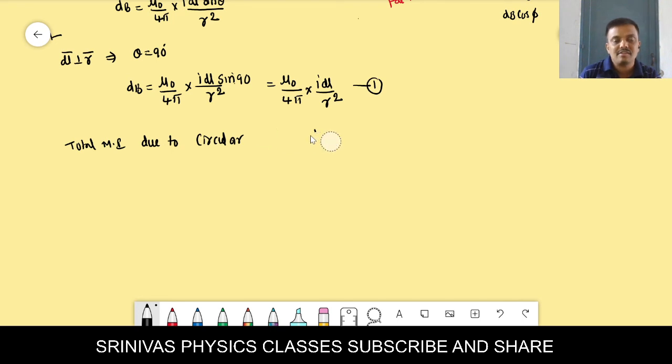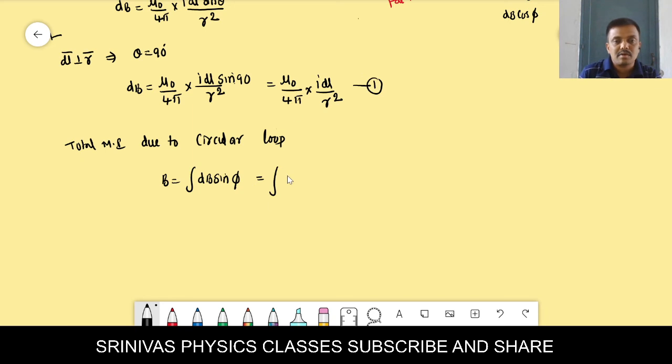This we are deriving for only a loop. Then here we write the total magnetic induction as B is equal to integration dB sin phi. Because the dB sin phi components are along the same direction, you have to add them; instead of summation we write integration.